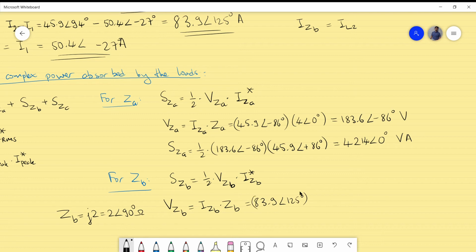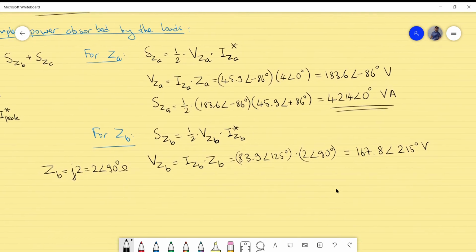That's actually for the current, and times the 2 phase 90 degrees. Now if you do the math here, you will have 167.8 phase 215 degrees in volts. Okay, so this was the voltage for ZB.